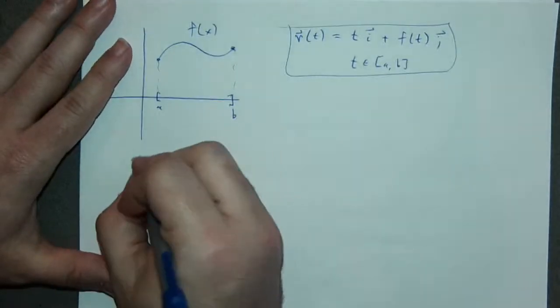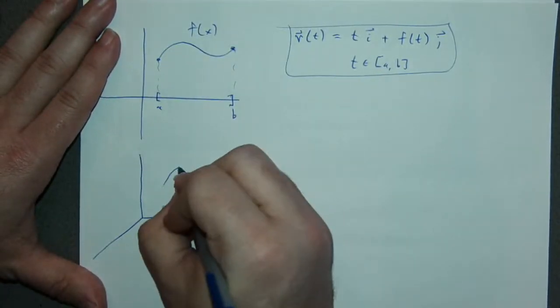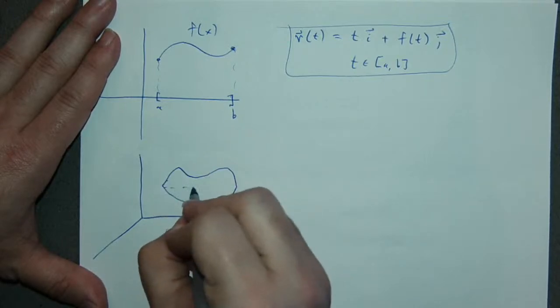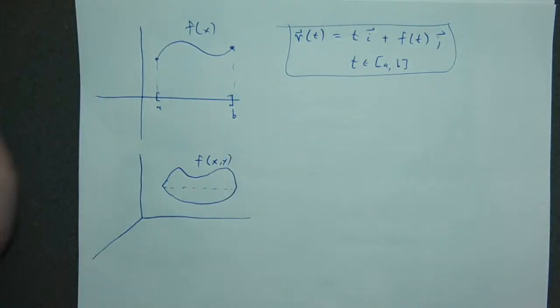Okay, so what if we have a surface that we want to parameterize, but actually it's nice. It is the graph of a function f of x, y. Is there a similarly easy parameterization? Yes.